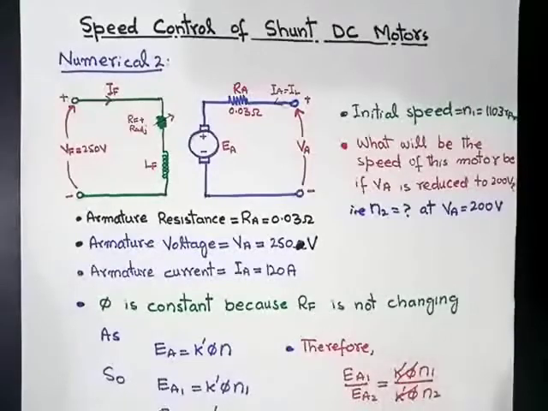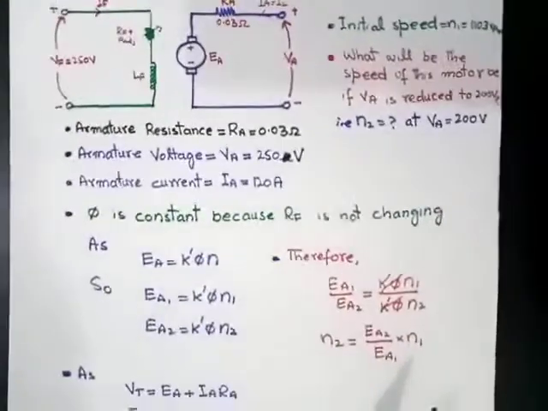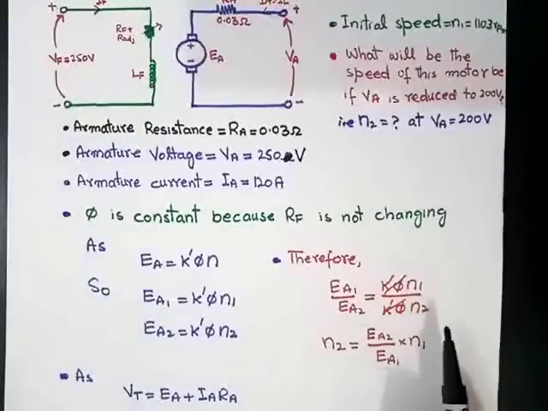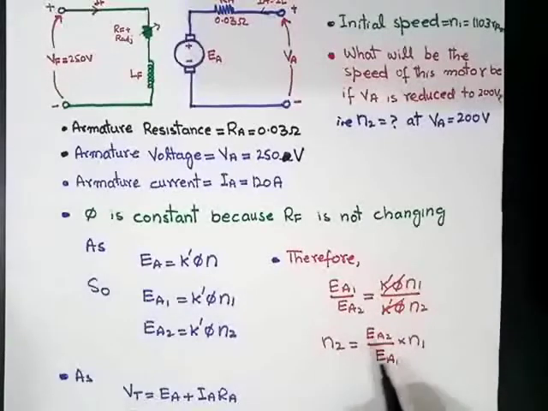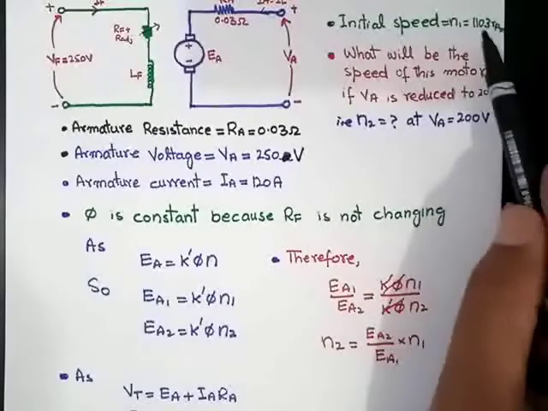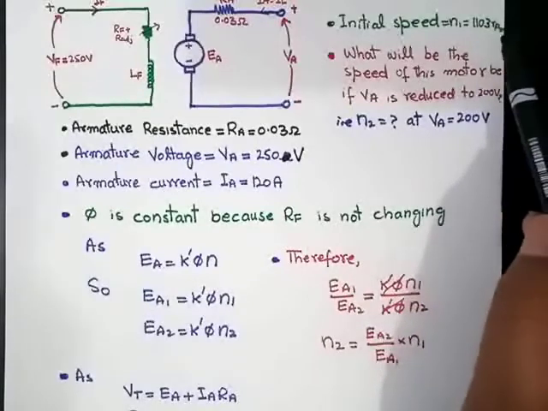The remaining parameters give EA1 over EA2 is equal to N1 over N2, and the value of N2 will be equal to EA2 over EA1 into N1. The value of N1 in this problem is given as 1103 revolution per minute.